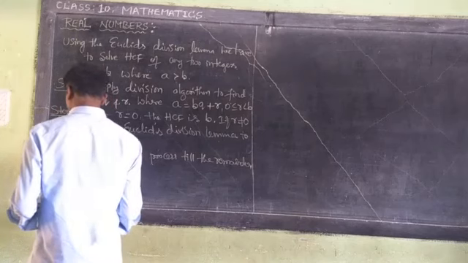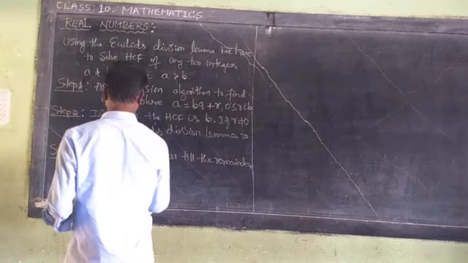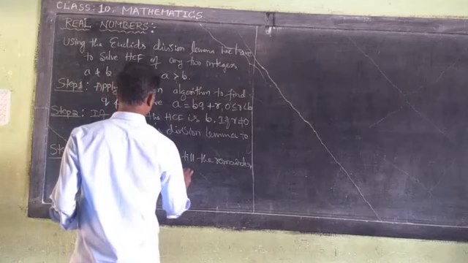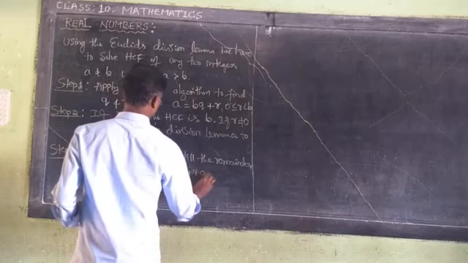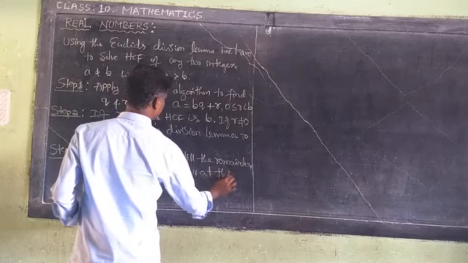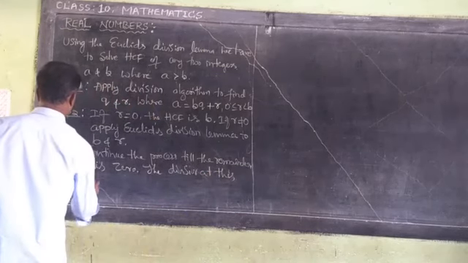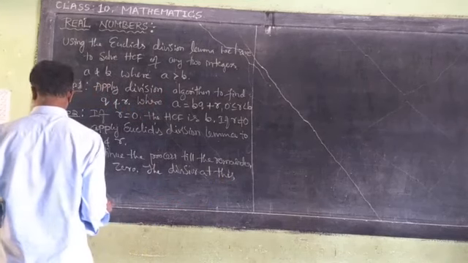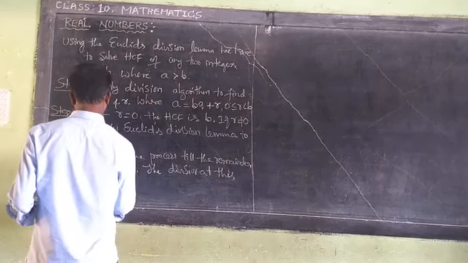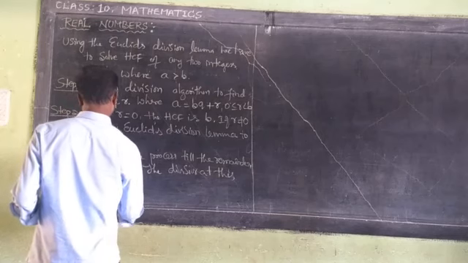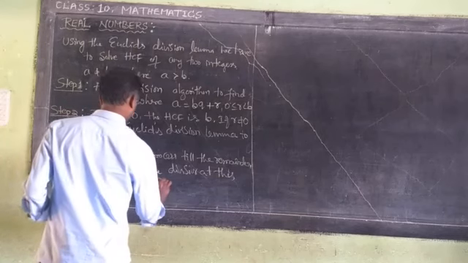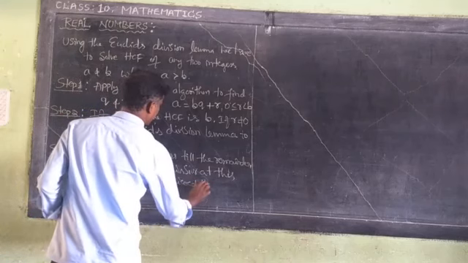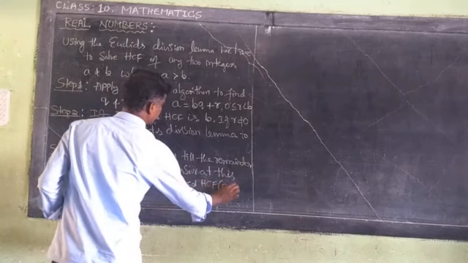The divisor at this stage will be the required HCF of a and b.